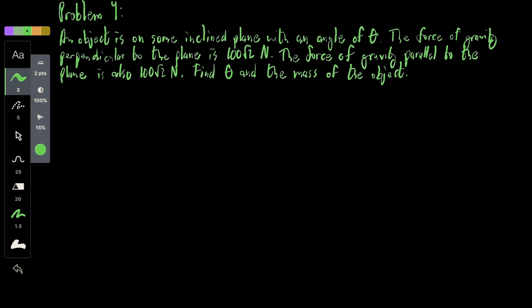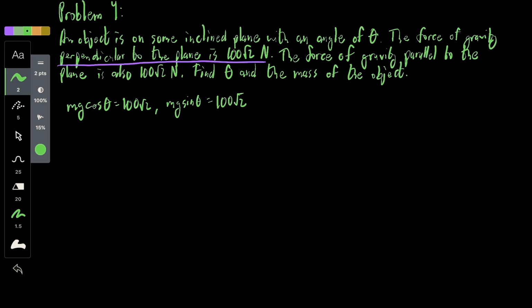So if the force of gravity perpendicular to this plane is 100 times the square root of 2 newtons, that means mg times cosine theta is equal to 100 times the square root of 2. Now, the force parallel to the plane is mg sine theta. So if this is also equal to 100 times the square root of 2 newtons, what is our angle theta and our mass?